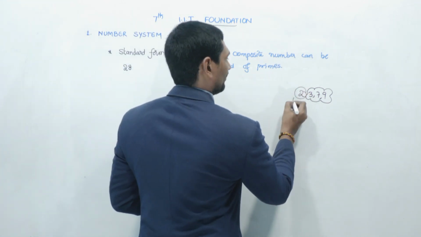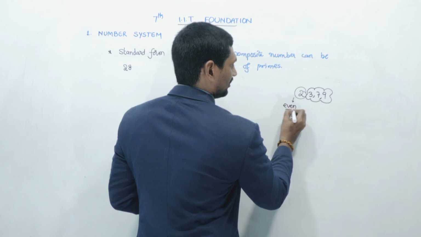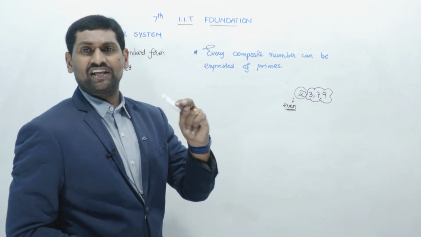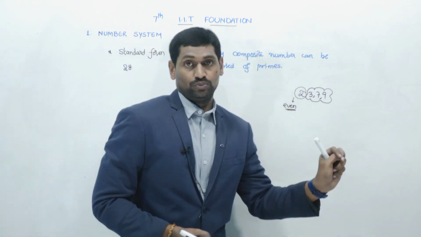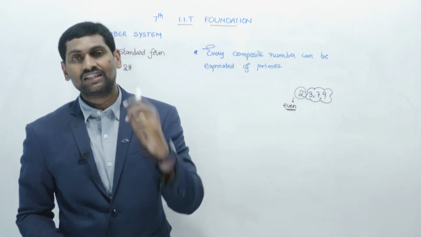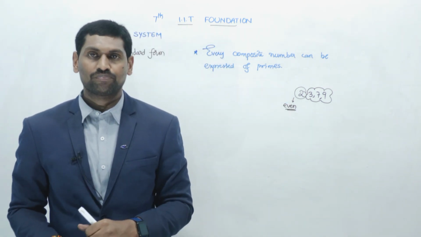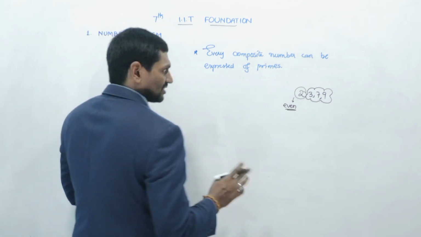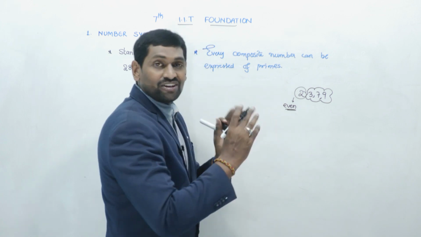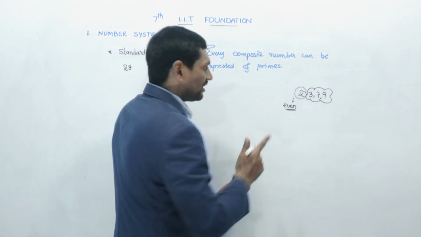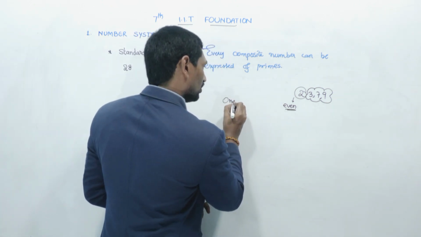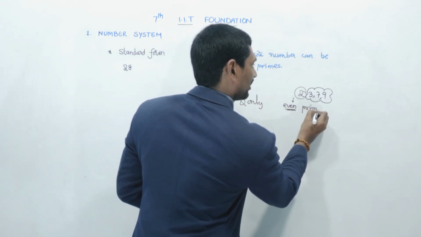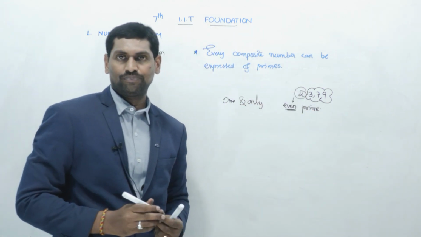Only 2 is an even number. So if you take any even number except 2, it definitely becomes a composite number. That means one and only even prime number is 2.